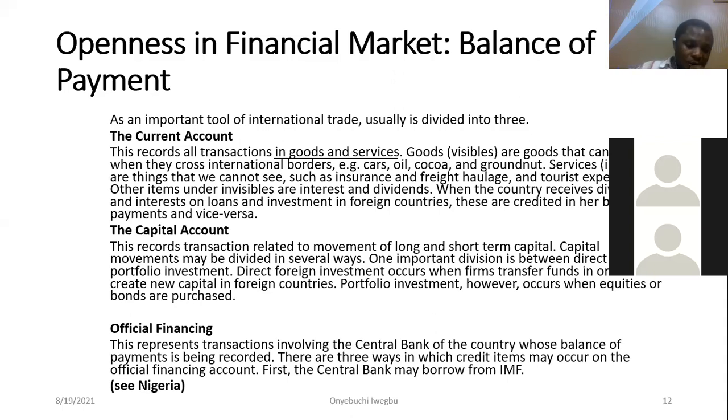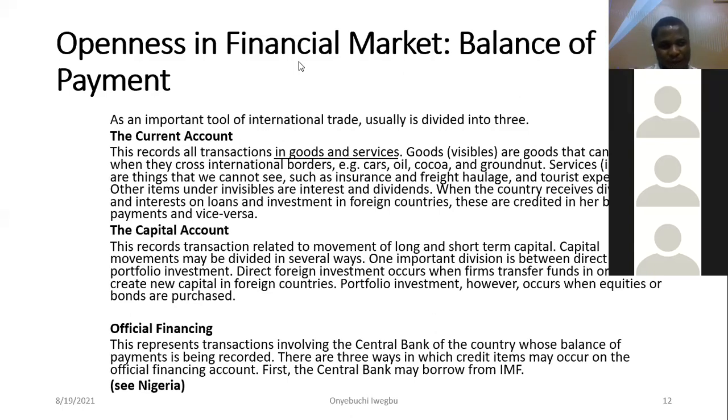While the capital account is where you have your financial assets transfer. Short term is the portfolio investment, you can withdraw it easily, while the long term is the foreign direct what? Investment. Now, your current account and capital account, you net it out. The difference becomes your official what? Financing. That's your difference. So those are the elements in your current account and capital account.